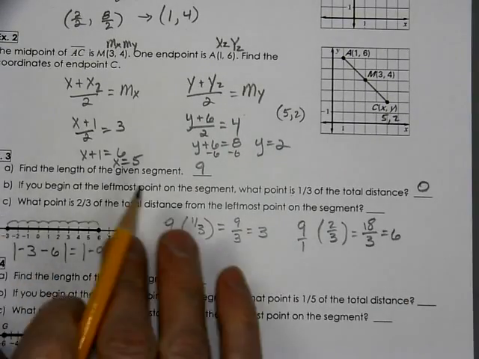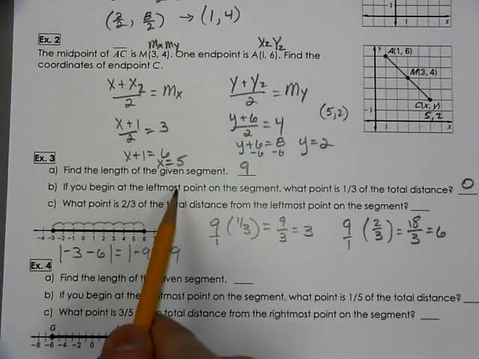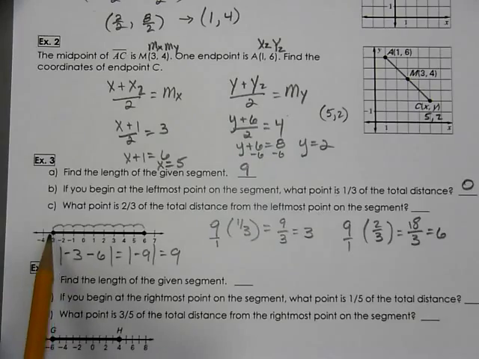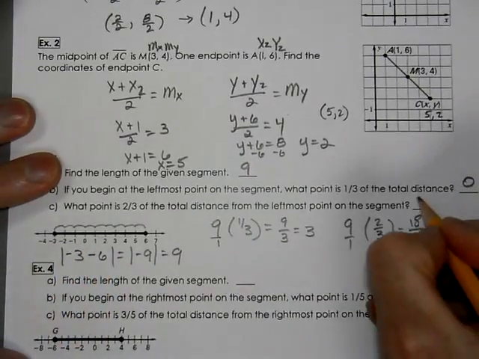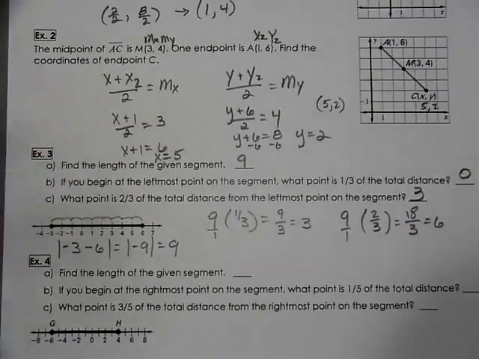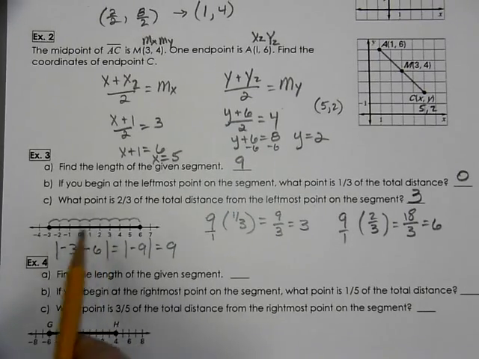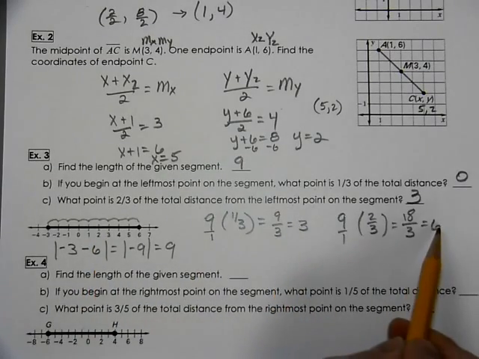From here, count 6 spots from the leftmost point. 1, 2, 3, 4, 5, 6. So the location, or the point value that is 2/3 the total distance, is the location of 3. That would have been 3 to get here and 3 more to get past it, a total of 6.